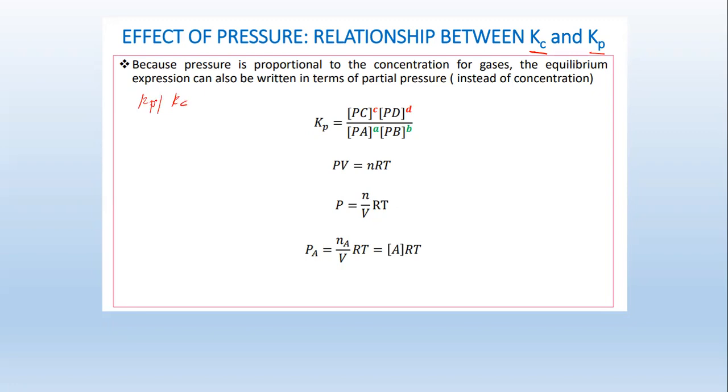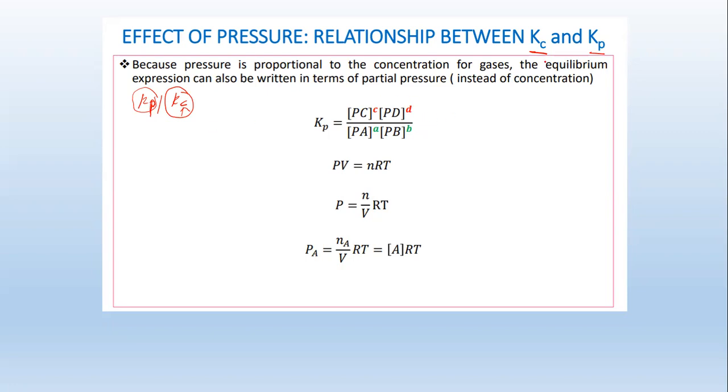If you calculate it in the form of Kp, it's because you will be using your pressure. But if you calculate the equilibrium constant using Kc, it's because you will be using your concentration. The expressions for Kp and Kc are the same, but they differ depending on the parameter that you will be using at that time.